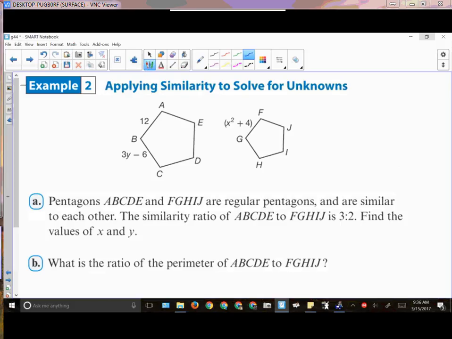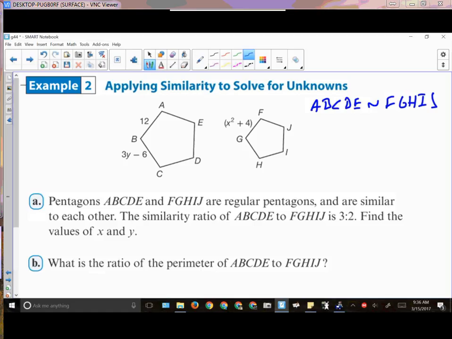Now, we should really do the same setup that we had before. We've got ABCDE is supposed to be similar to FGHIJ. What is the ratio of similitude of this thing? Well, it says 3 to 2.